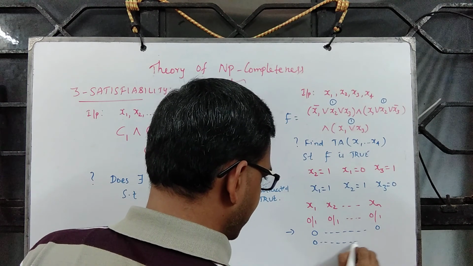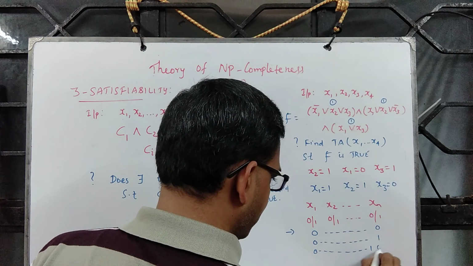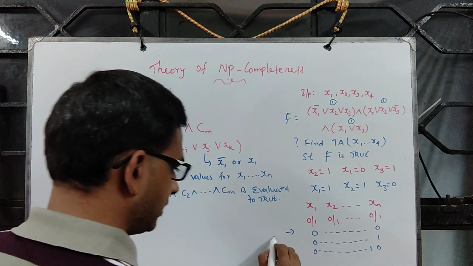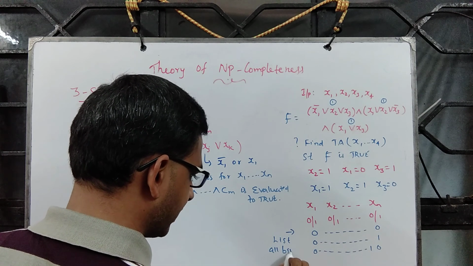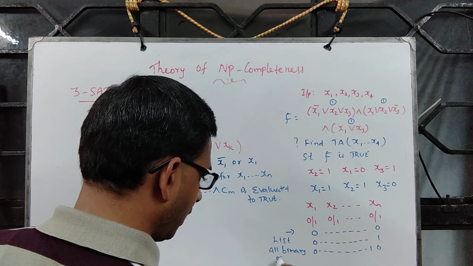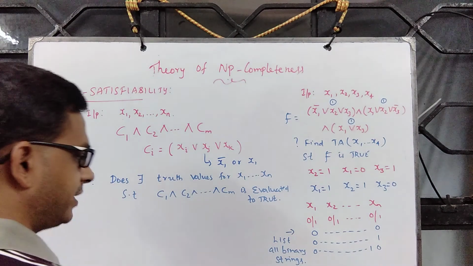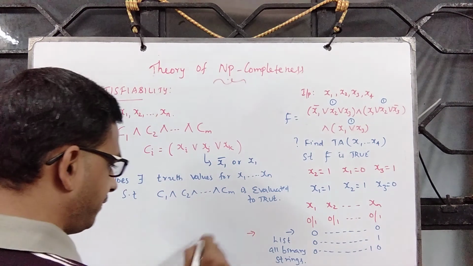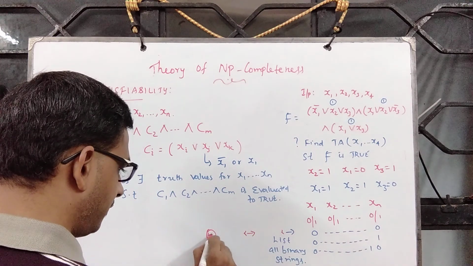Another possibility is 0 followed by 1. Next possibility is like this. So what is this? This is precisely listing all binary strings of length n. Now what is the complexity of this? Complexity of this is theta of 2 power n.